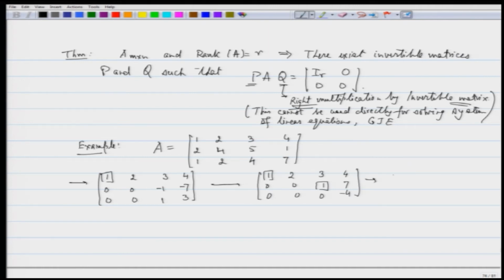At the next stage, I have 1 2 3 4, 0 0 1 7, 0 0 0 1. So I have applied the Gauss elimination method and also multiplied by 1 upon minus 4 to get it to 1.